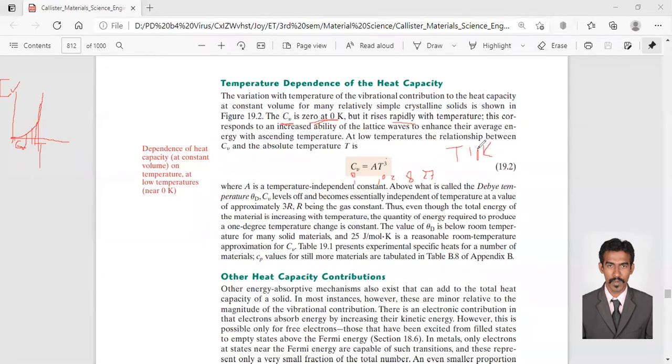The heat capacity will be the cube of that, 10 times 10 times 10, that is 1000 times A, a general number. So that's 1000, and the heat change is very huge.